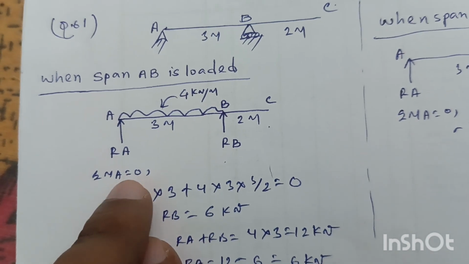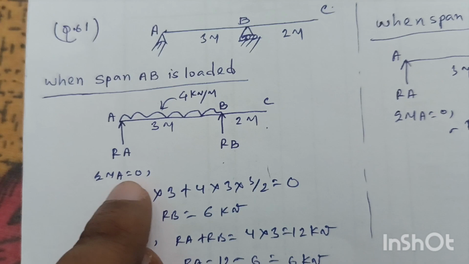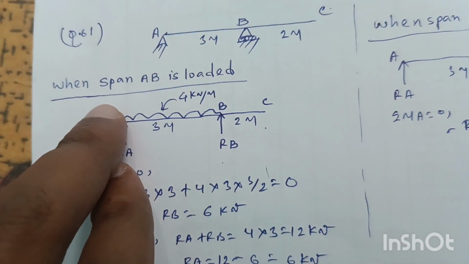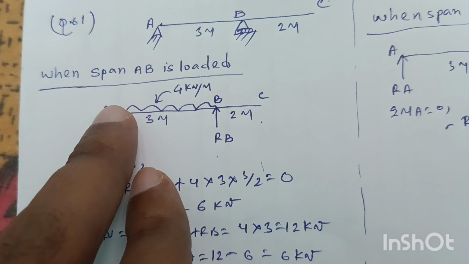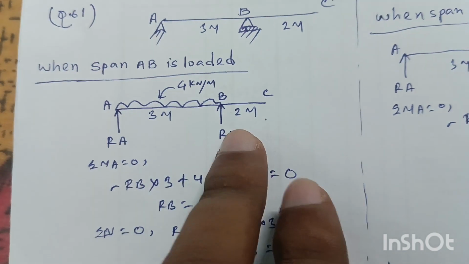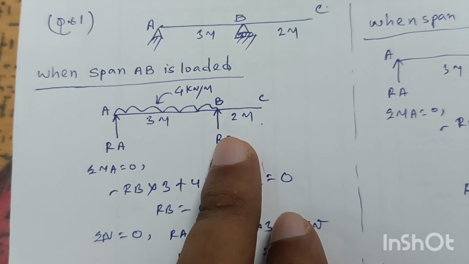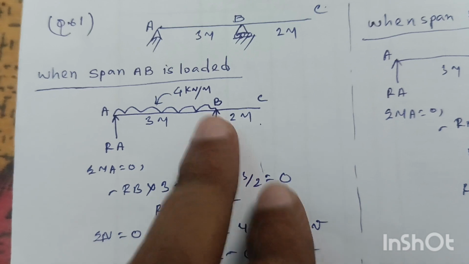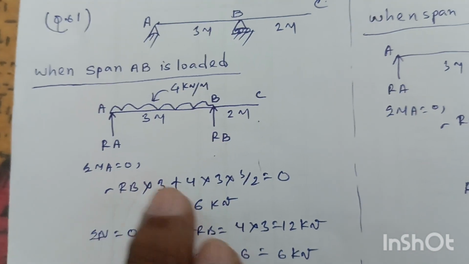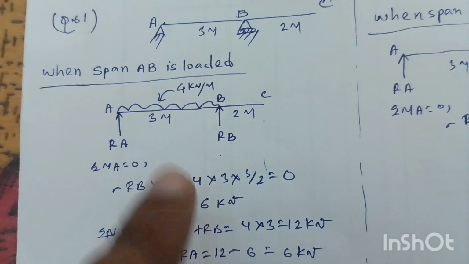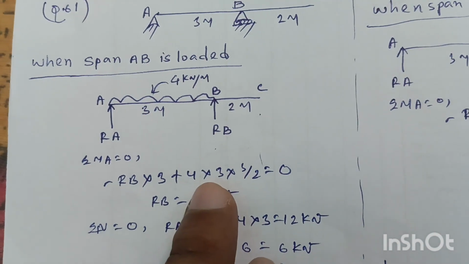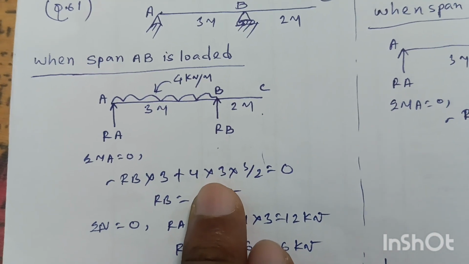If we take moment at A, the summation of all moments equals 0 at this point by equilibrium. With respect to point A, the reaction at B, RB, is trying to rotate in the anti-clockwise direction. So RB into 3, this is minus, plus the load is trying to rotate in the clockwise direction, so 4 into 3 into 3 by 2 equal to 0.